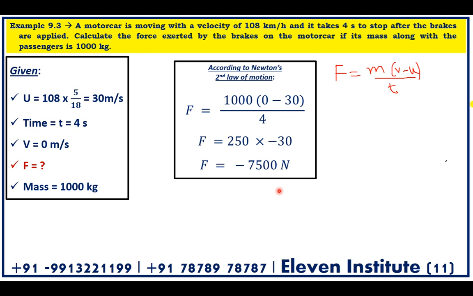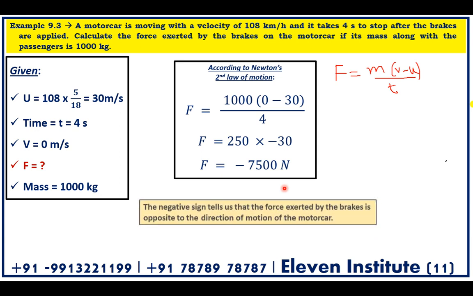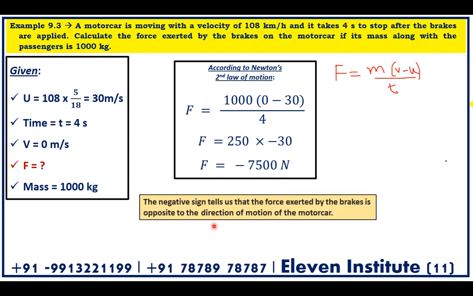So this force was applied in the opposite direction of motion of the car, which is indicated by this negative sign. Fine, so negative sign tells us that force exerted by the brakes is opposite to the direction of motion of the motor car. Right? Please pause the video and write this in your CW. Once you finish this, we shall move to example 9.4.